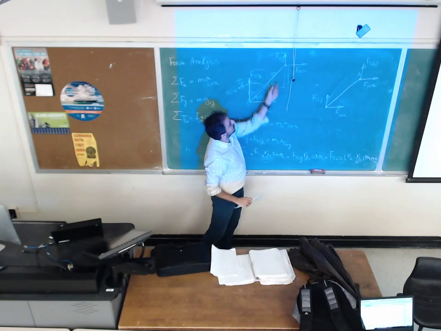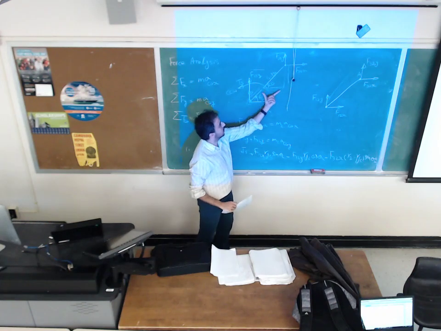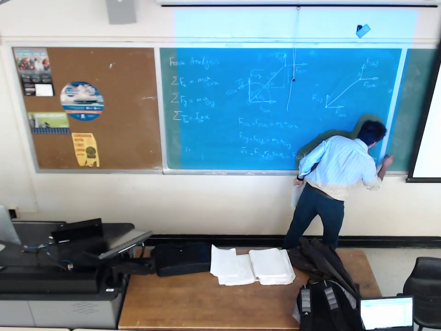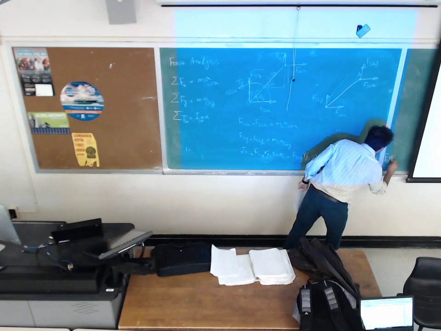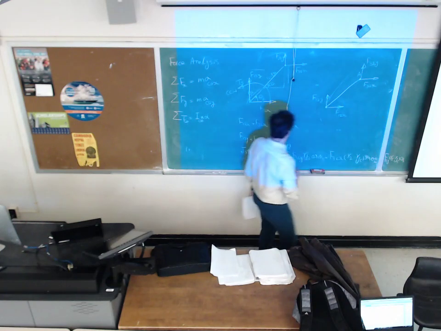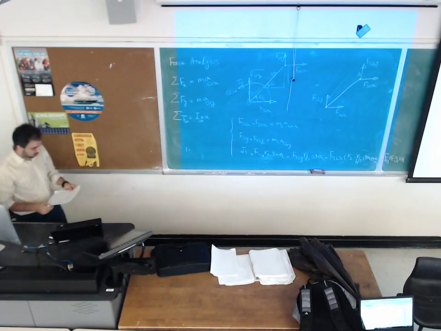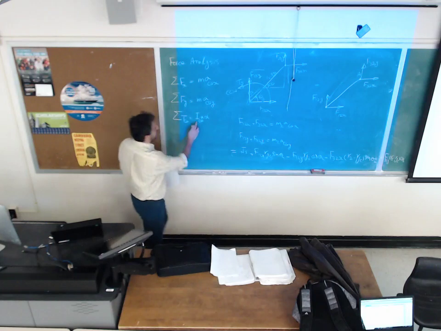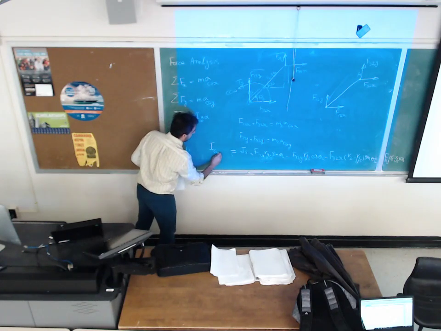So it's going to be positive F32y times R2 minus RG2 cosine of theta 2. And this is going to be equal to I for center of gravity of link 2 times alpha 2. That is the right hand side of the equation.